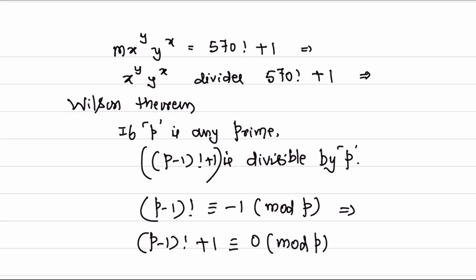In this equation, I have told you in the previous classes also, this is the remainder, this is the main number, and this is the prime number which divides this main number. Please try to understand. That means when the remainder is 0, p, being a prime number, divides p minus 1 factorial plus 1.